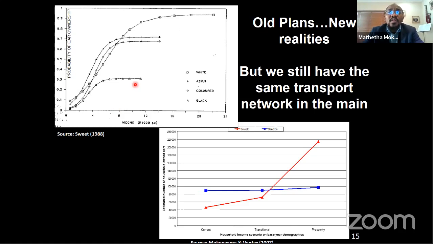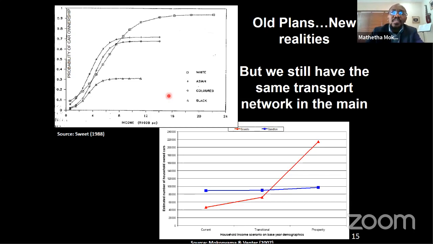It was shown using racial categories that the probability of Black people owning a car will saturate at 30%, and white 90%. But we know that it's not just about race. There's a lot more to it.